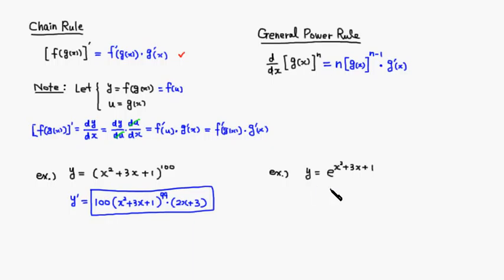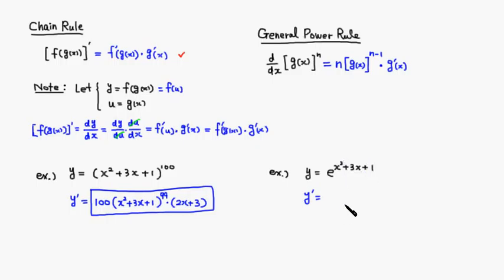How about the next example? If you have y equals e to the x squared plus 3x plus 1, we want to take the derivative of that. So y prime is going to be equal to, the outside function is an exponential function, with this inside function plugged in.